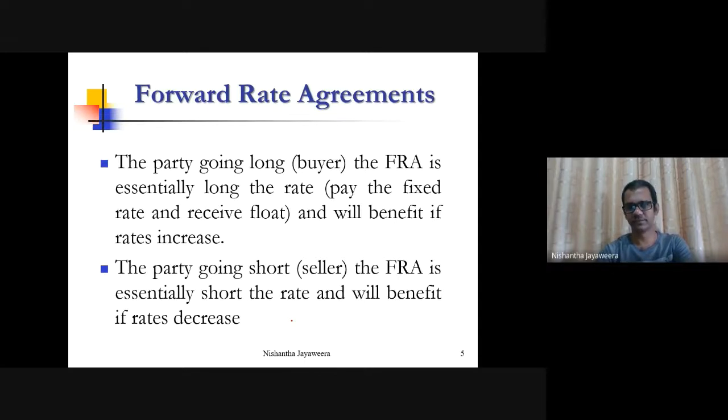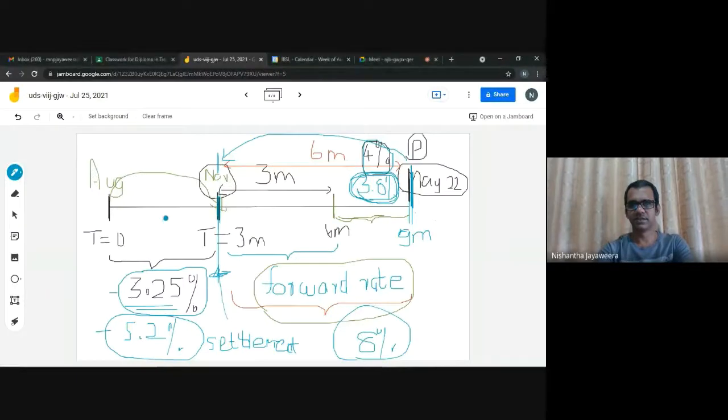Then a few words that you have to remember. Now, in this case, basically what happens, one party agrees to pay this fixed rate, what you fixed today, and meantime agrees to receive whatever the rate available at that time.